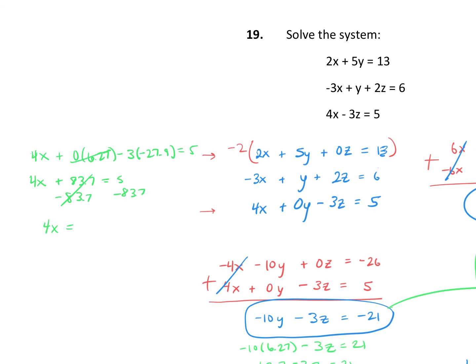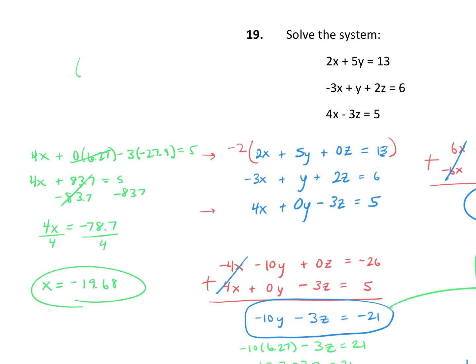So 4x equals whatever 5 minus 83.7 is, which is negative 78.7. Divide both sides by 4, and we get our x value of negative 19.675. We were rounding to the nearest hundredth, so I'll just say negative 19.68.